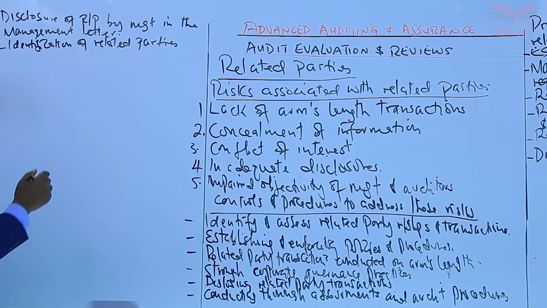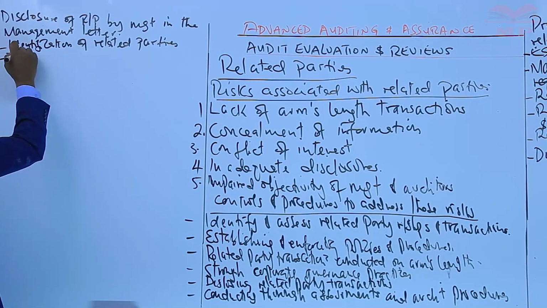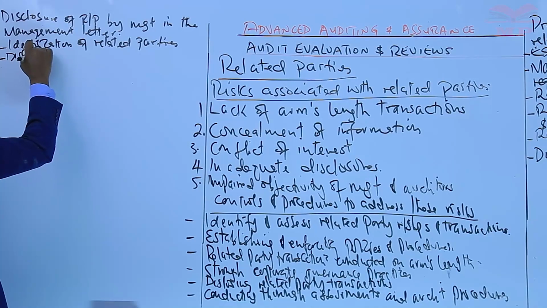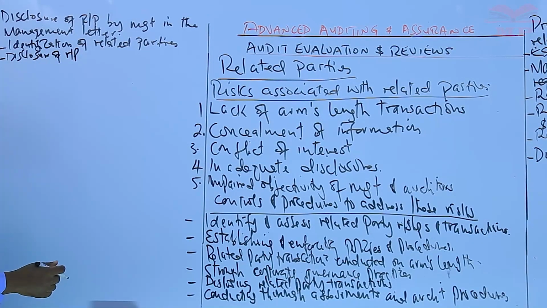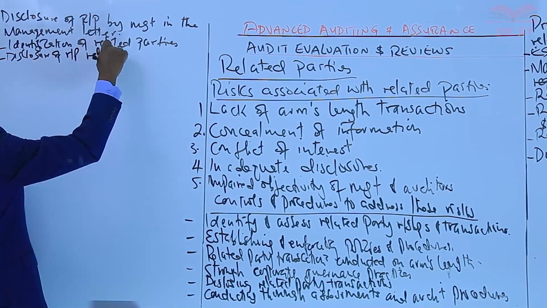Do you understand? The second aspect will be disclosure of related party relationships.